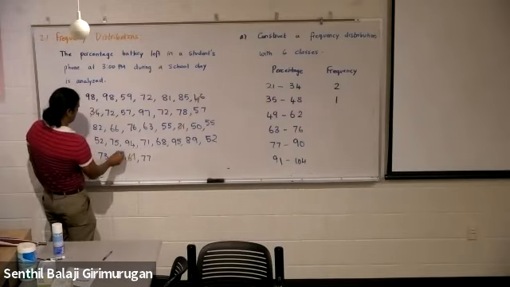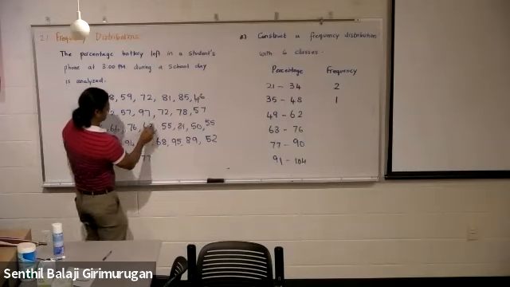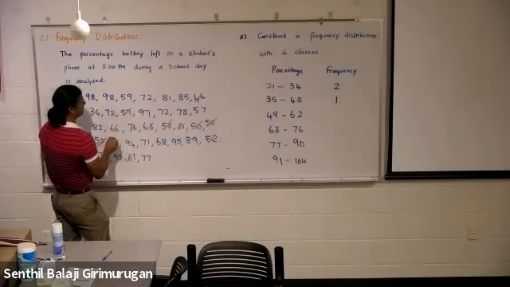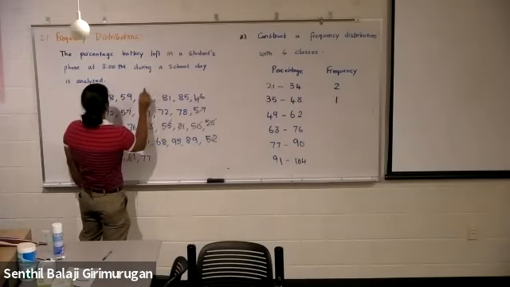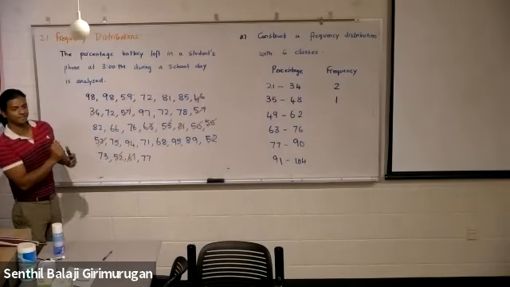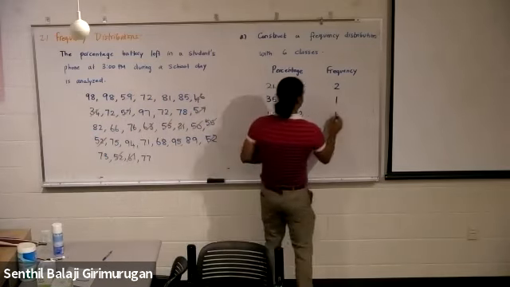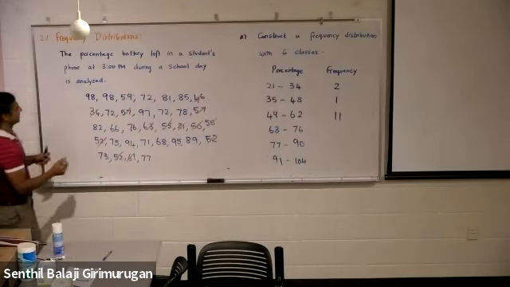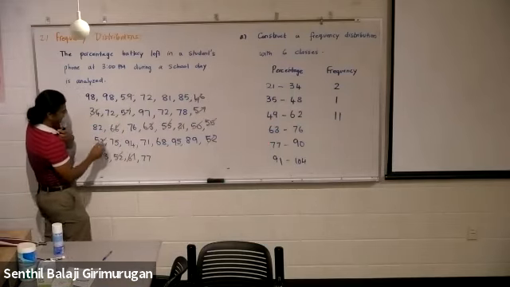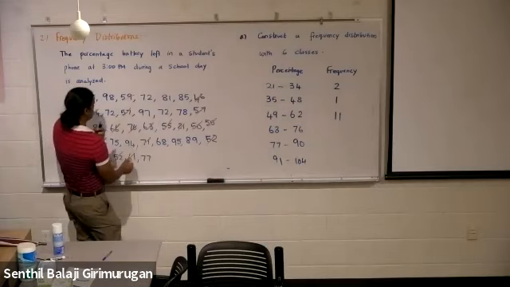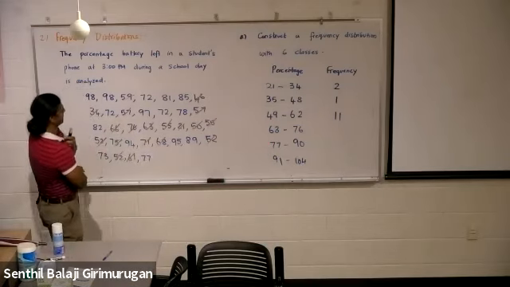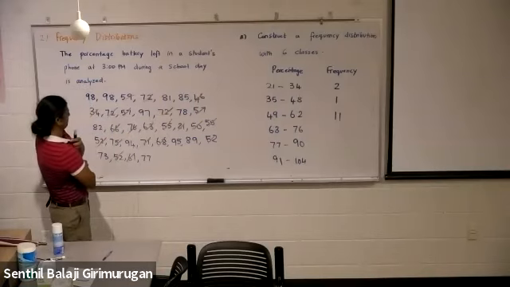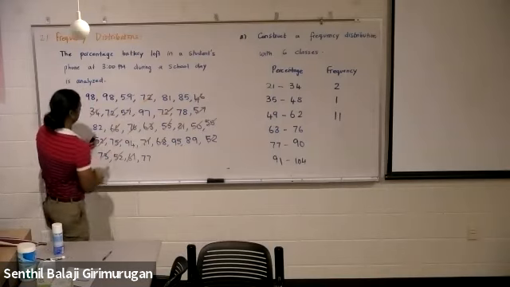So 1, 2, 3, 4, 5, 6, 7, 8, 9, 10, 11. Keep an eye on it. 63 to 76. We are including that 76. So 1, 2, 3, 4, 5, 6, 7, 8, 9.